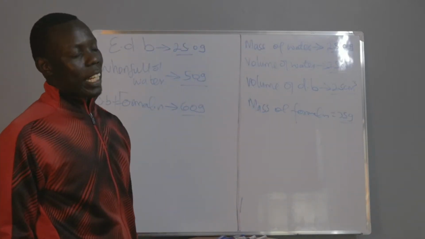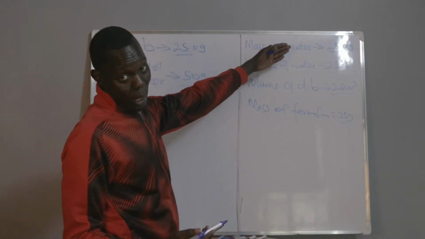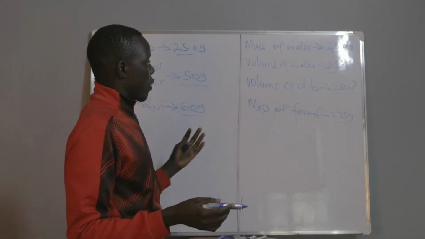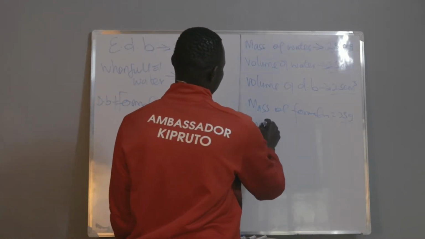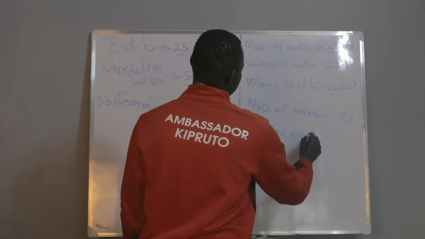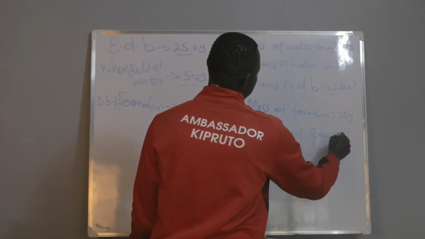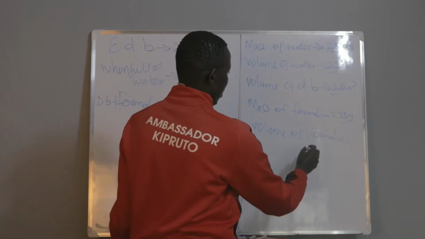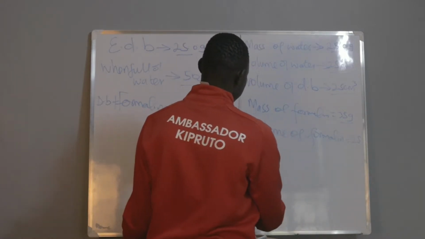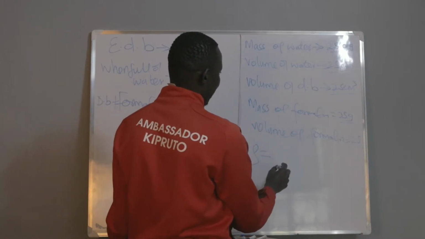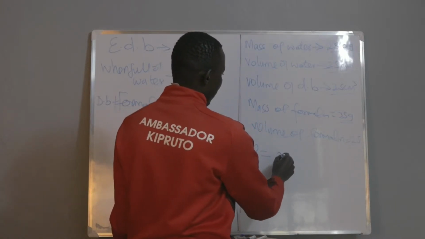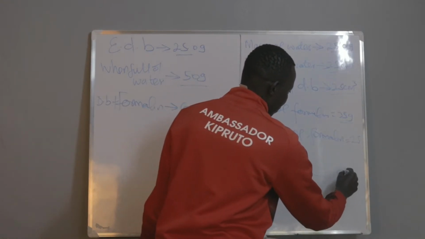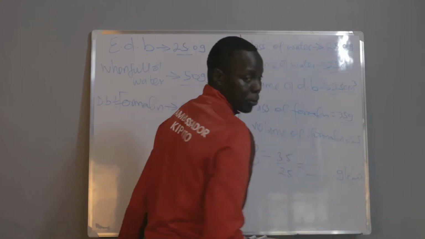The volume of formalin is the same as the volume of water, 25. So the density of formalin is the mass of formalin, 5, divided by 25. Use your calculator, and you will get it in grams per centimeter cubed.